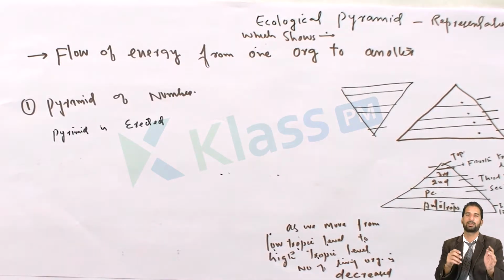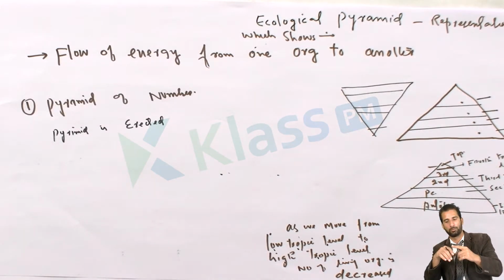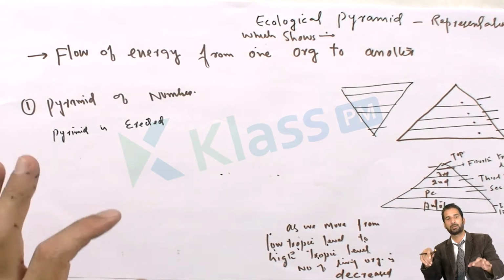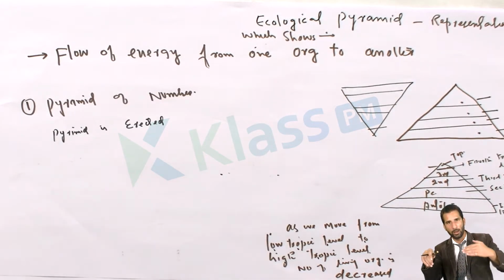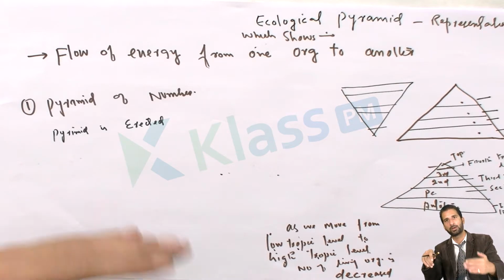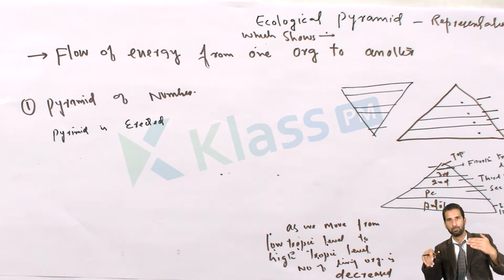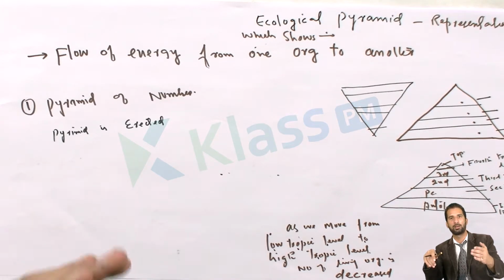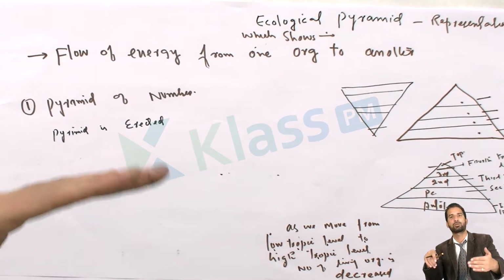So here the pyramid is erect. The pyramid of number is constructed on the basis of the number of organisms at a particular trophic level. And as we have seen, as we move from low trophic level to high trophic level, the number of organisms decreases at each successive trophic level.